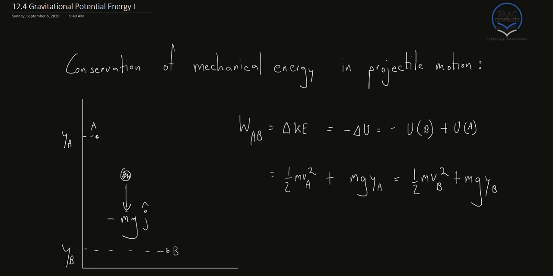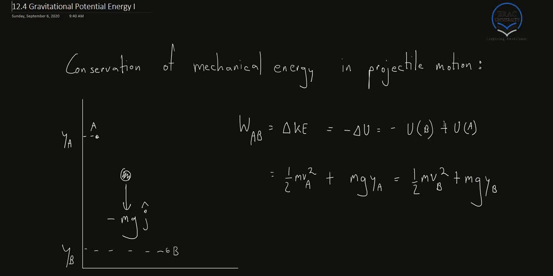Of course, in projectile motion, the only force acting on the body is this mg, minus mg j hat if you select axes like this. And this force being conservative, you have once again W_AB equal to delta K, which holds in general. It's the work-kinetic energy theorem. But because this work is done by a conservative force, it's equal to the negative of the change in potential.